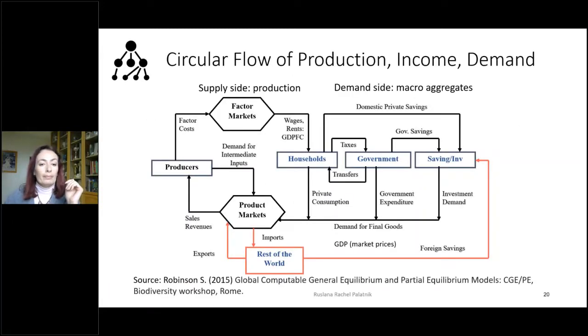Now, the CGE model reflects a closed circular flow of production, income, and demand. We already saw the link between markets. Here in this diagram, I want to stress that the model also links the markets with households and the supply of labor. The households that supply labor also receive income and pay taxes to the government.